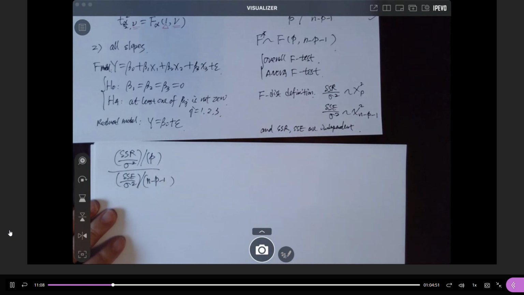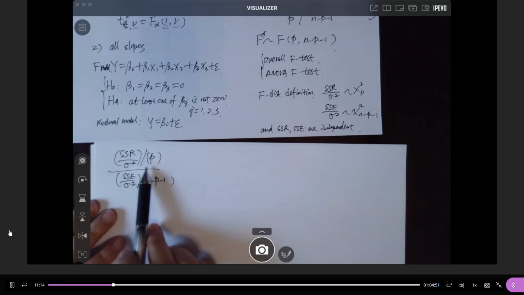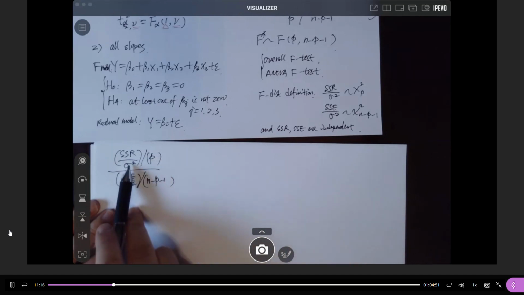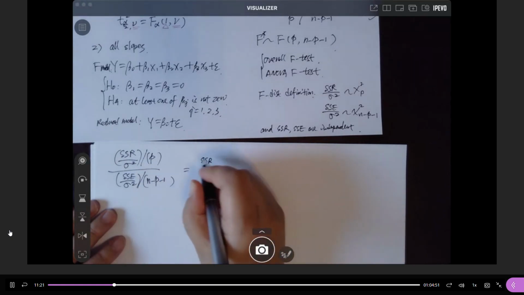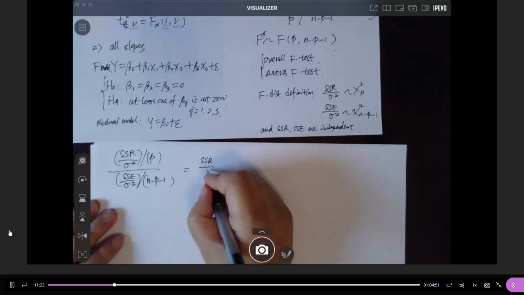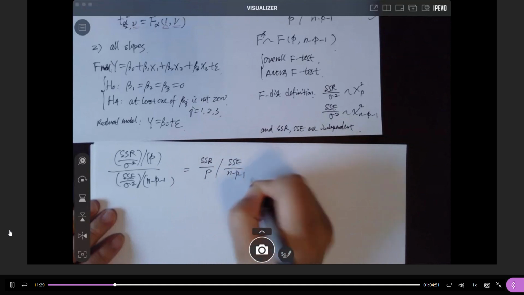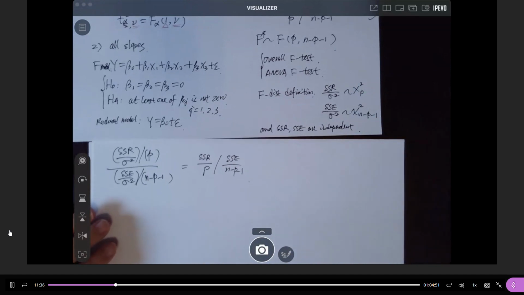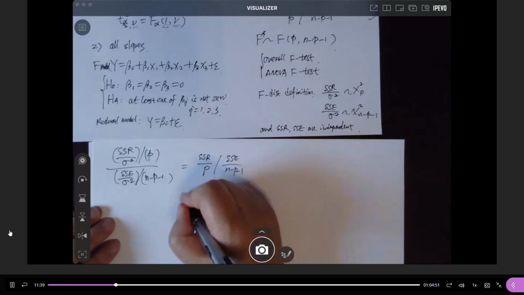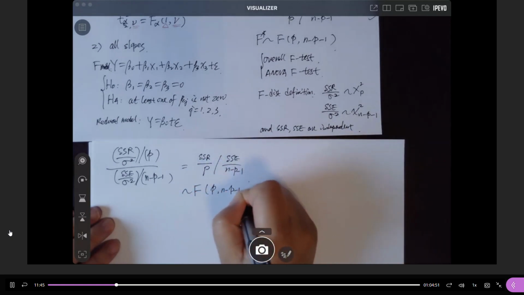This is the definition of F: the ratio of two chi-square variables, each divided by its own degrees of freedom. And as you can see, the sigma squared variance cancels. Then you just have SSR over P, over SSE over n minus P minus 1. That's exactly the formula for our F star, right? So this is how we come up with the F distribution with P and n minus P minus 1 degrees of freedom.